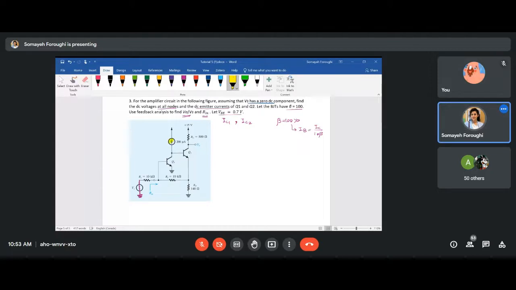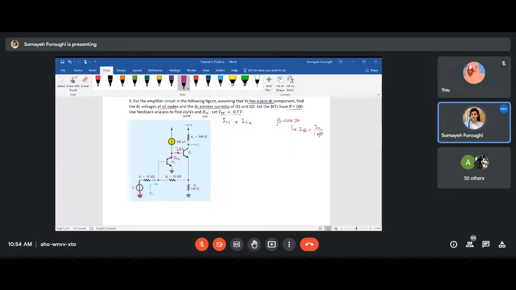I'm going to begin from this current source up there. I know that the current source is entering this node. It will branch out to IB2 and IC1.